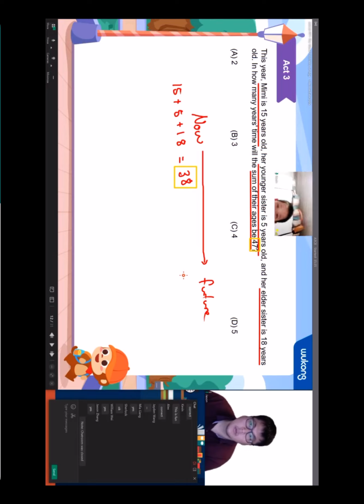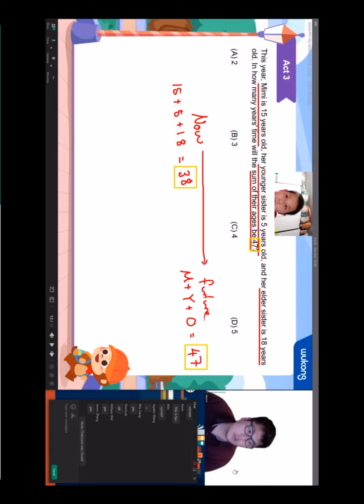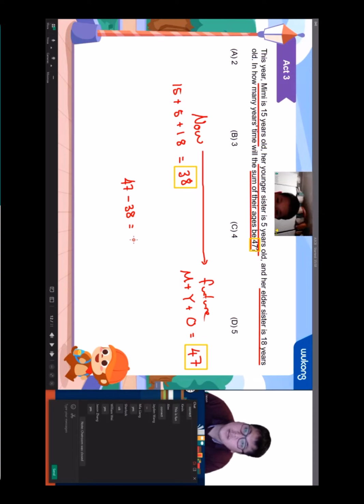And now we have Mimi plus younger sister plus older sister equals to 47. All right, so now, Kevin, what's the difference between the two sums? Nine. Sorry, how much? 9. Yes, that's correct.